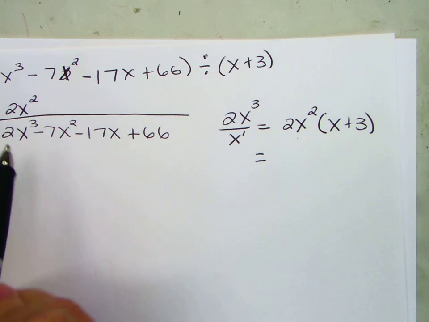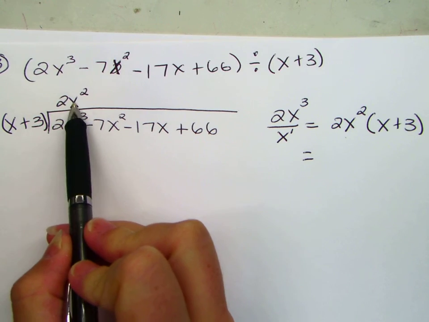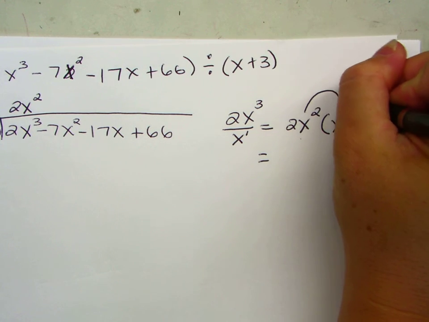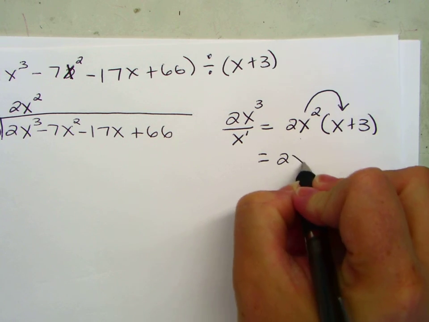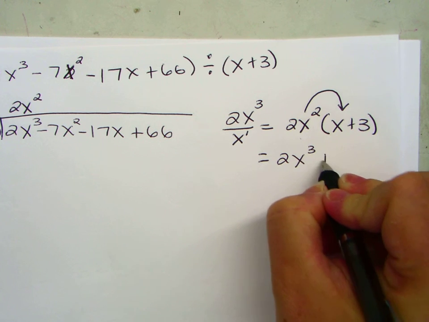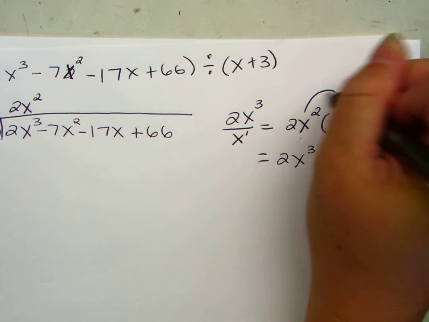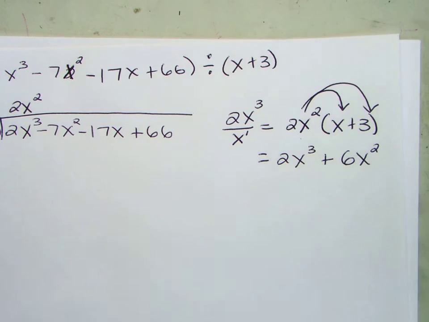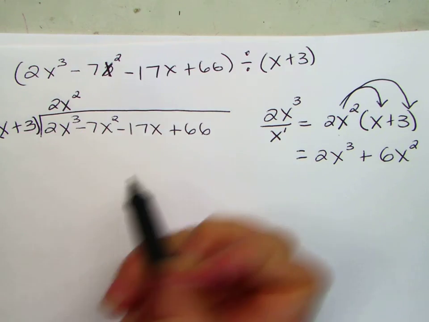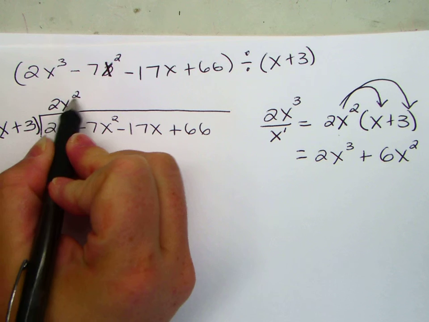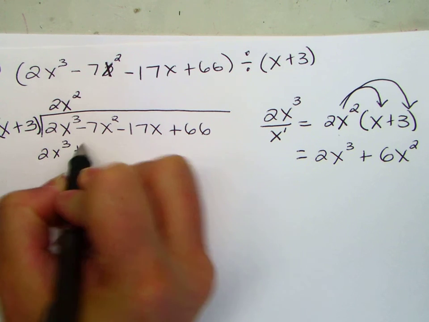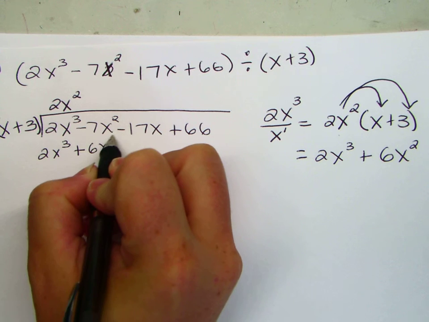I have to multiply 2x squared times x plus 3. So let's do it over here. 2x squared times x is 2x to the third plus 2x squared times 3 is 6x squared. Right? That's what we write underneath, 2x cubed plus 6x squared.